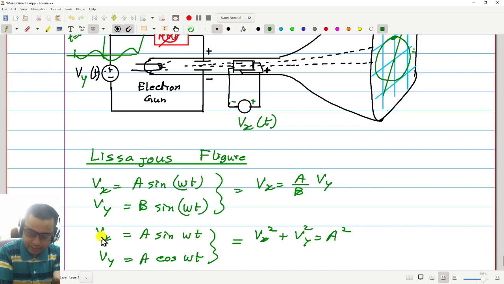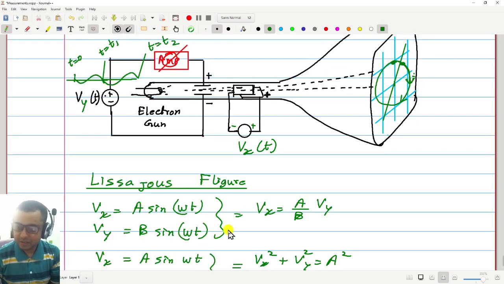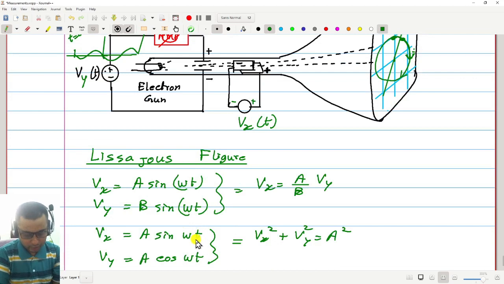Now Vx will increase, so we will move towards the right, and Vy will decrease, so we will come downwards, to a point like this, and in this way we will move in this direction as you change omega t from 0 to pi by 2, 2 pi, etc. So we will get a circular path.